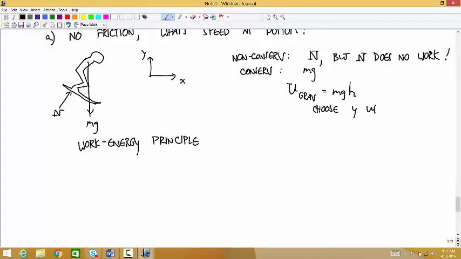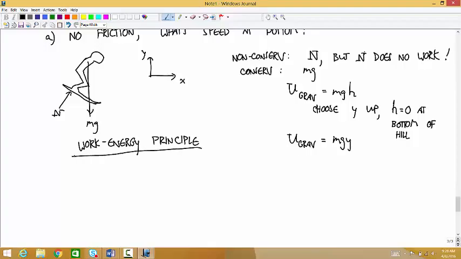H equals 0, we can choose that wherever we want. Let's put it on the ground at the bottom of the hill. You'd get the same answer if you chose your H equals 0 to be the top of the hill or the top of Mount Everest or whatever. So the potential energy due to gravity is equal to mgy.